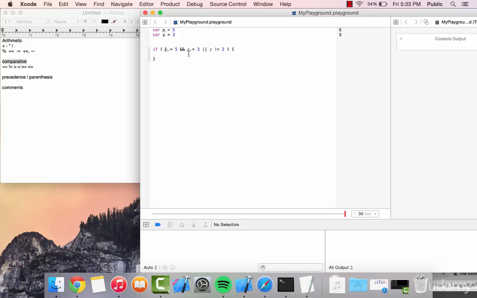So try to use parentheses if you want to make sure that, say, this gets grouped first before this second half gets evaluated, okay?